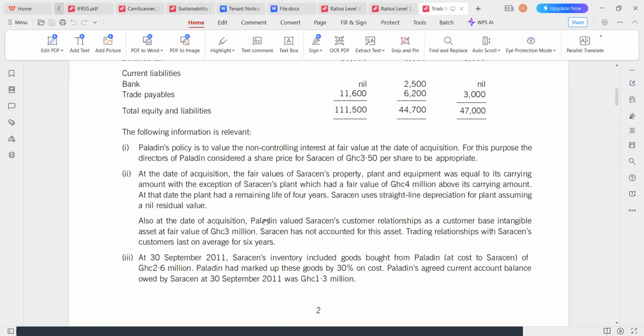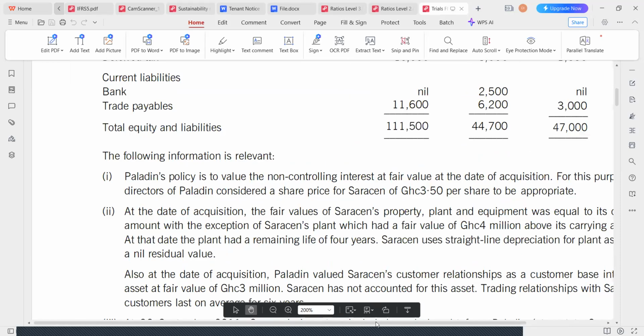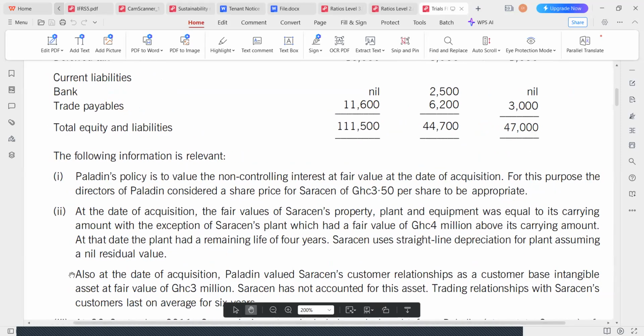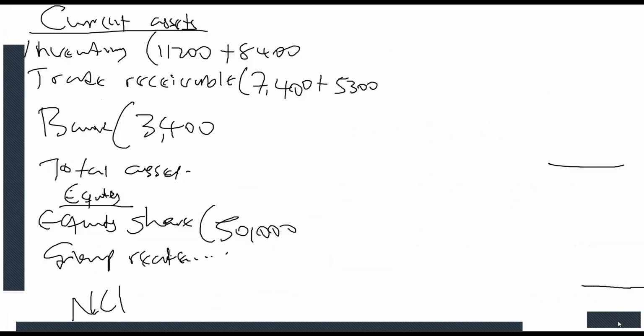Now the last sentence says that at that date, the plant had a remaining life of 4 years. Saracen uses straight line depreciation for plant, assuming there's a nil residual value. 4 years. So you calculate what you call additional depreciation.